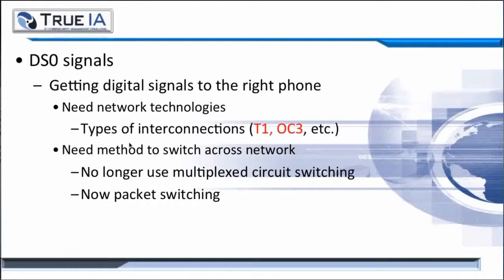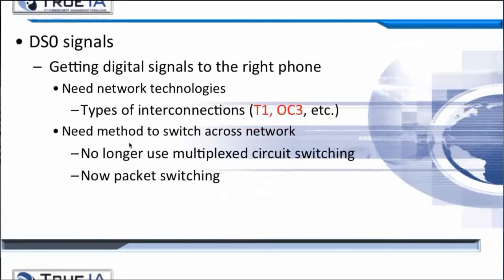So getting those digital signals to the right phone, well, it took another type of technology. This is where T1s and OC3s come in. However, we needed a method to switch across the network because they were no longer using multiplexers, so we're no longer circuit switching. This is where packet switching comes in.